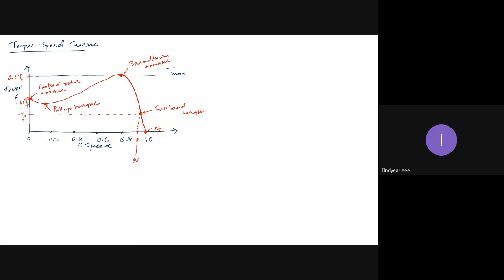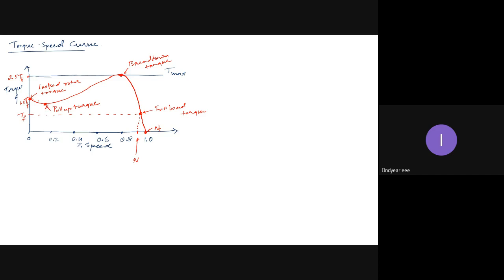Third, an external mechanism is used to stop the motor if the motor slip rises above a certain value, not falls. Slip rise means speed falls.